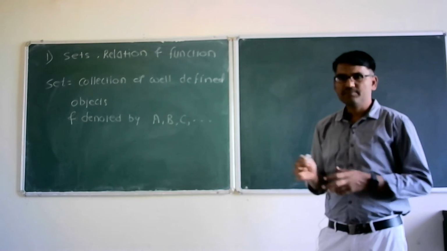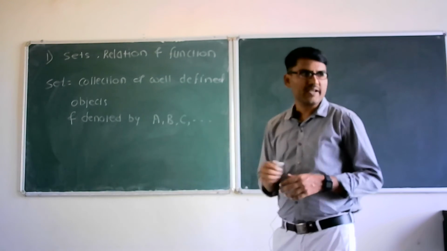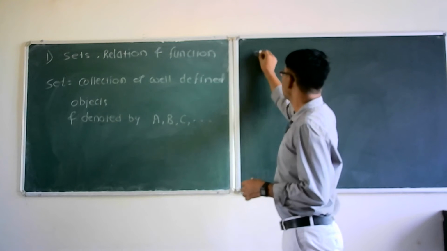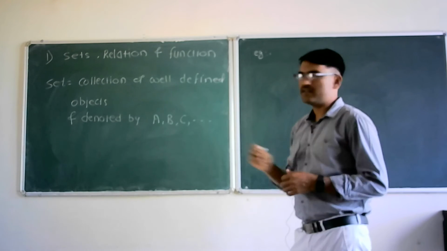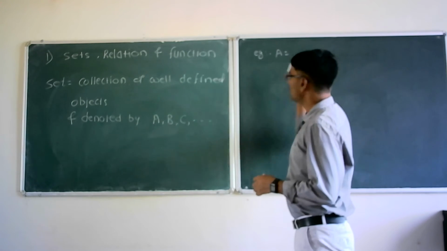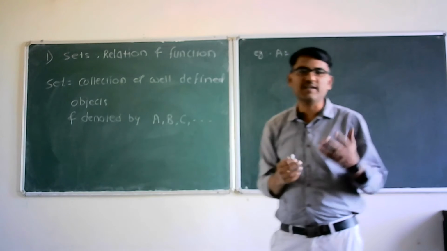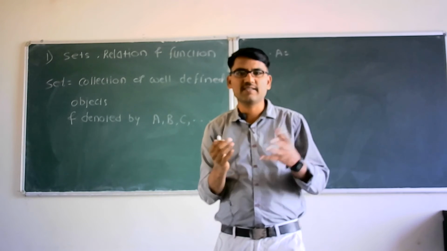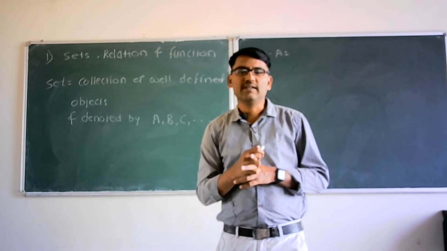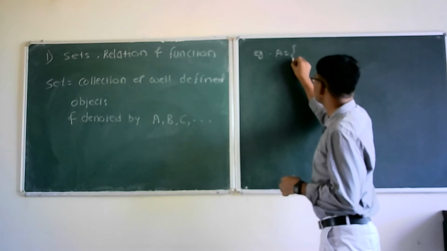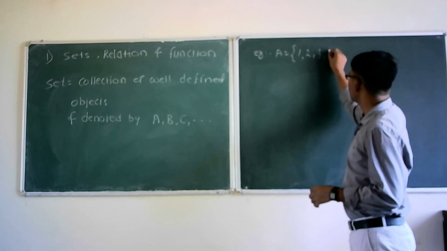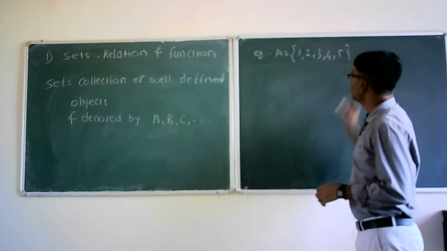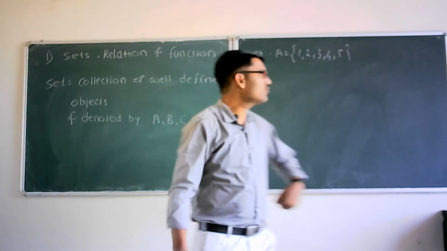Next, there are two ways we can represent a set. For example, A is equal to the collection of all students from the FY BSc class. This is also a set. Or for example, 1, 2, 3, 4, 5. They are all natural numbers from 1 to 5.